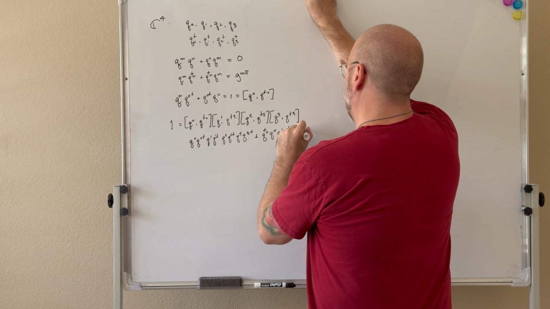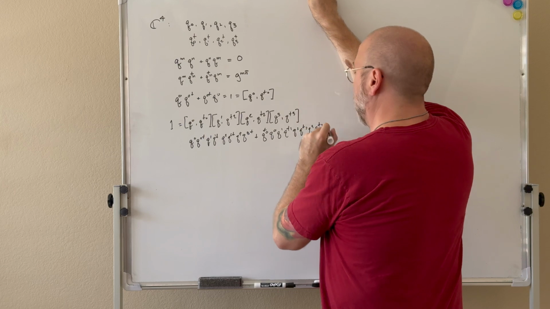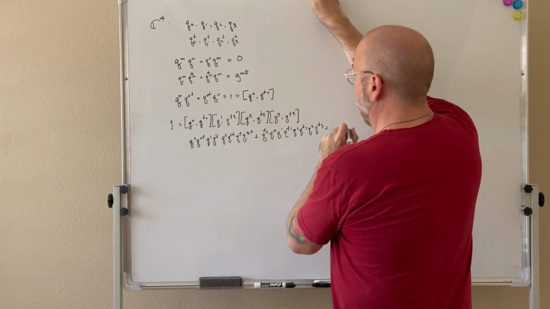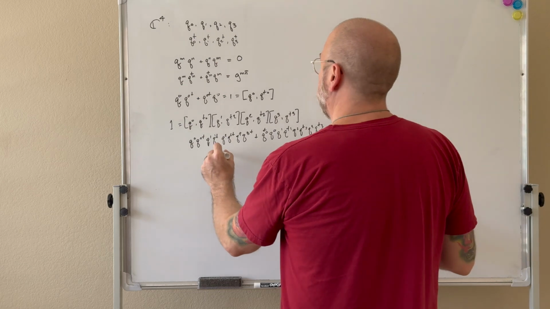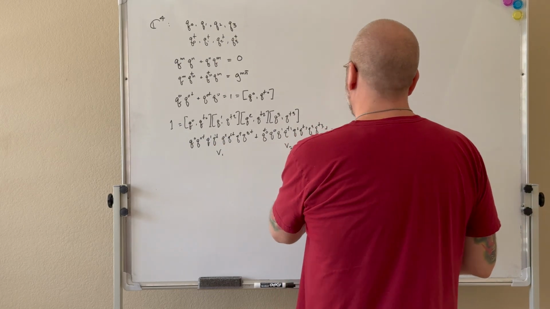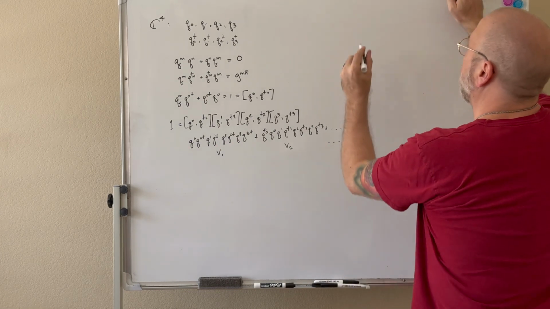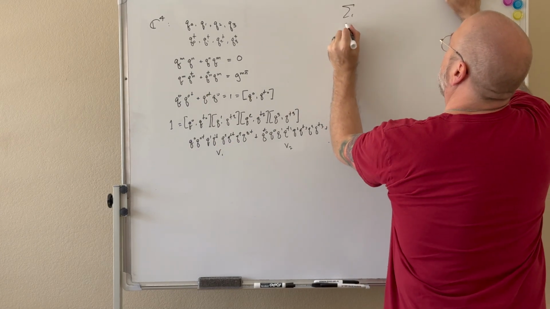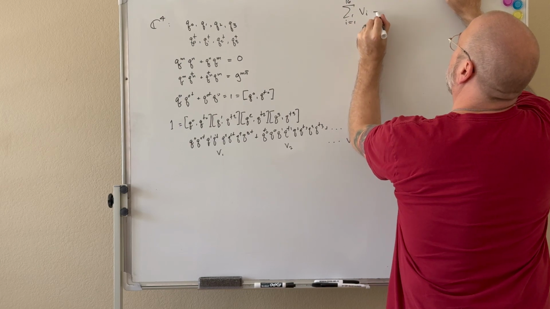Q1, Q1 dagger, Q2, Q2 dagger, Q3, Q3 dagger. Plus blah, blah, blah, 16 of them. Here's the cool thing. We're going to label these V1, V2, all the way to V16. If you add them all together, they equal 1. So we have sum i equals 1 to 16 of Vi is 1.